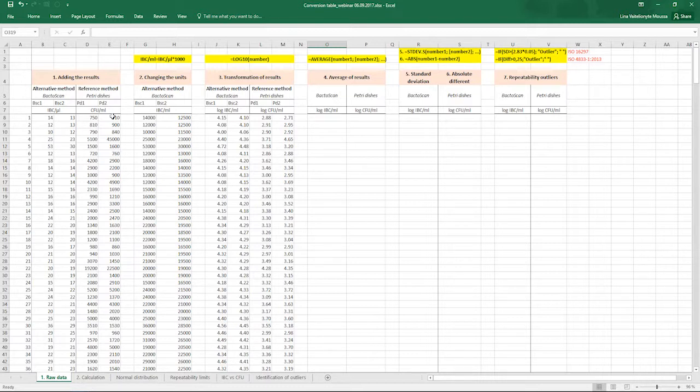Further, we had data from BactoScan in IBC per microliter, and from Petri dishes in CFU per milliliter. To align both of them, data from BactoScan were calculated to IBC per milliliter by multiplying IBC per microliter by 1000. In order to have a normal distribution of our data, all data have been transformed to logarithmic scale.